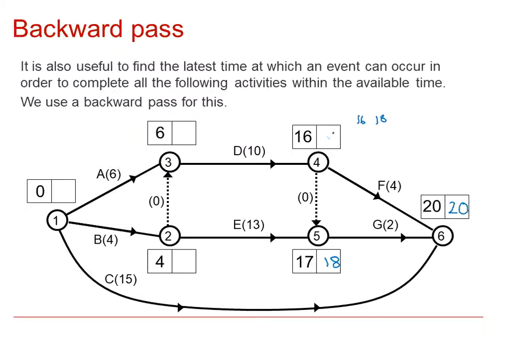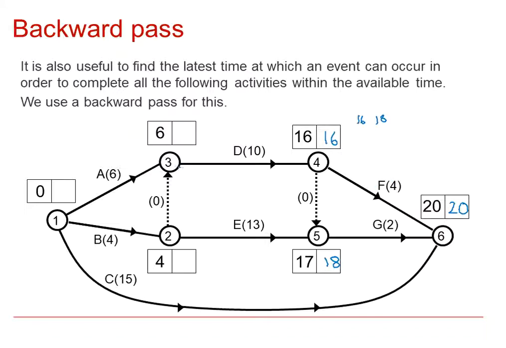So the latest time I can put in here in order to complete F and G within the 20 units of time is 16, not 18. If I put 18 in, I won't have enough time to do F.